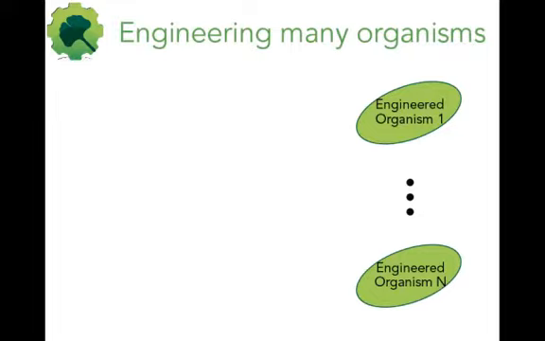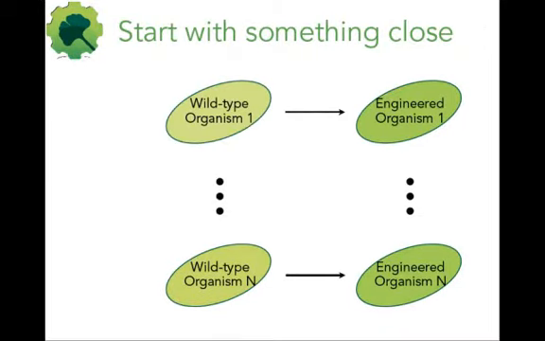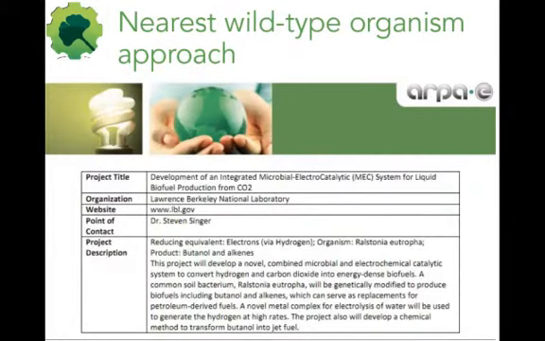One way to get to these final organism products would be to find a wild-type organism, something that nature has provided that is close, that is something akin to what the engineered organism is you're trying to build, and then move that wild-type organism towards the engineered organism you would like. There are many good examples of this as a successful approach, this nearest wild-type organism approach.